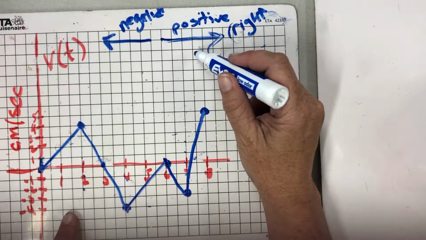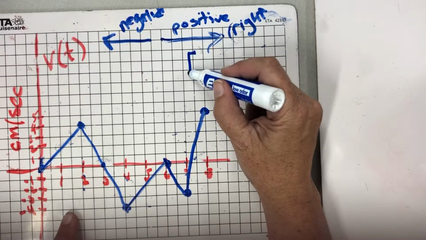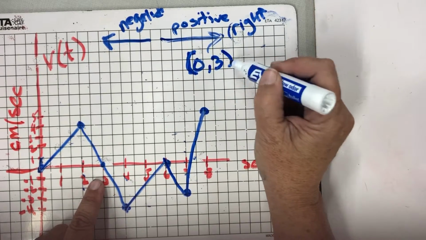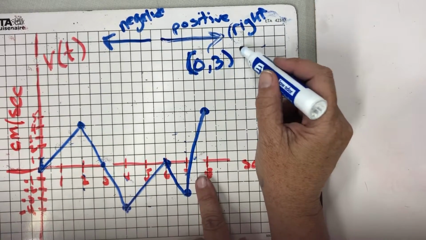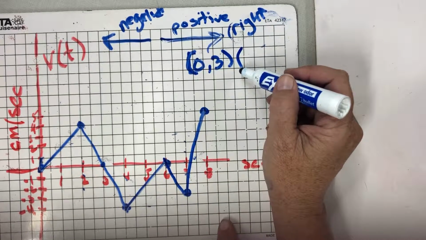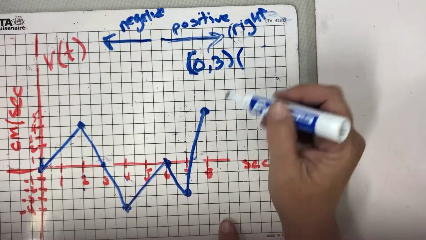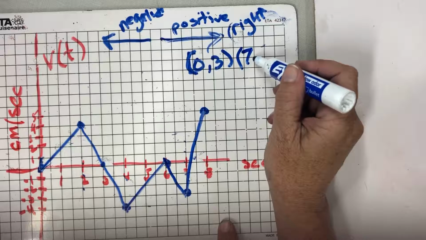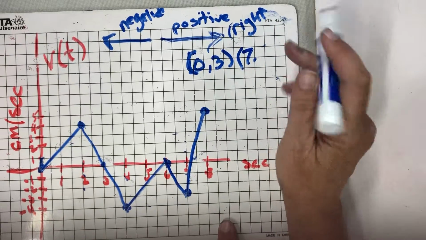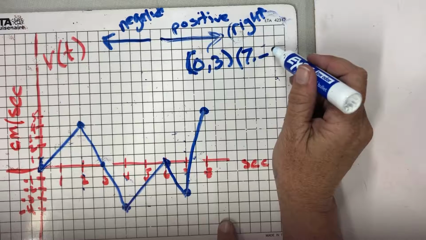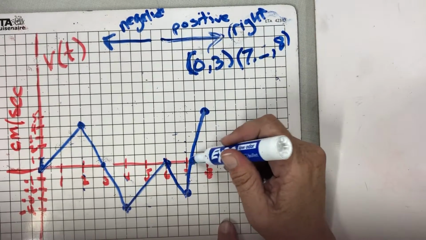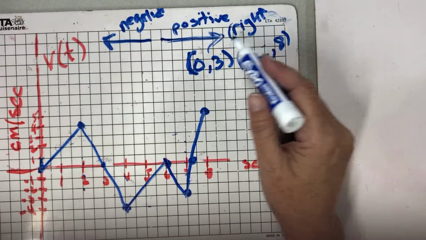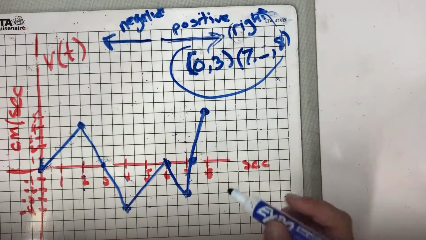So we could say the time interval from 0, I think I'd use parentheses, 0 to 3. And again, it's positive from, I can't really tell because I drew that line really messy. Actually, I don't know where that intersection is. I'm sure I could figure it out. 7 point something to 8 seconds, right? From here to here. If I'd drawn that better, it'd probably be easier to see. So that's when the particle is moving right on those time intervals.